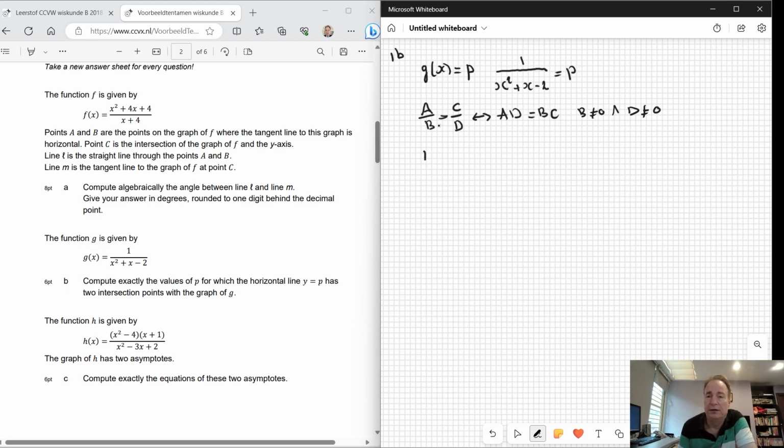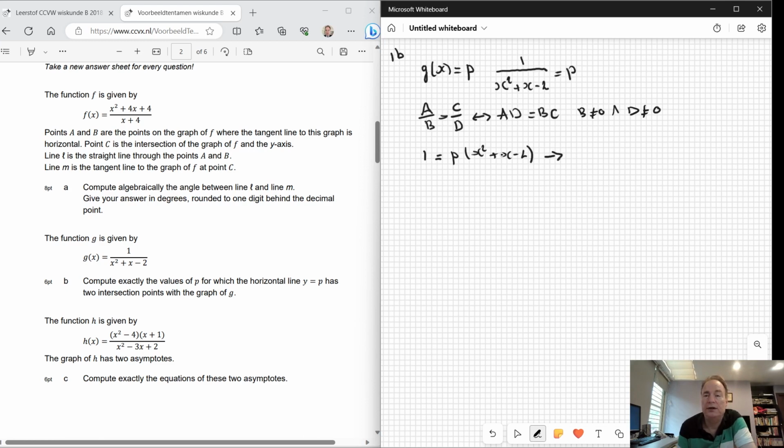So you get 1 equals p times that thing. And make sure no mistakes.